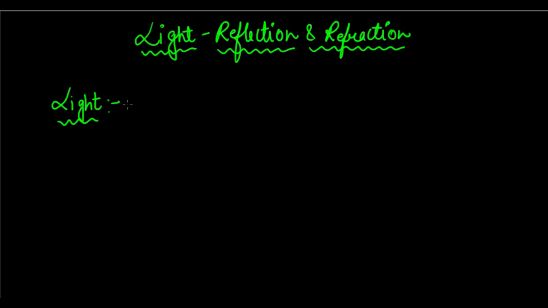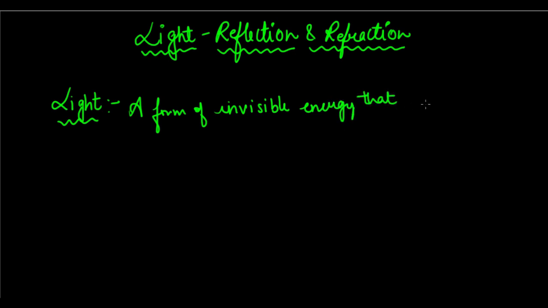So, light is defined as a form of energy, or better say, a form of invisible energy, that has both wave and particle nature. So it is an invisible form of energy.